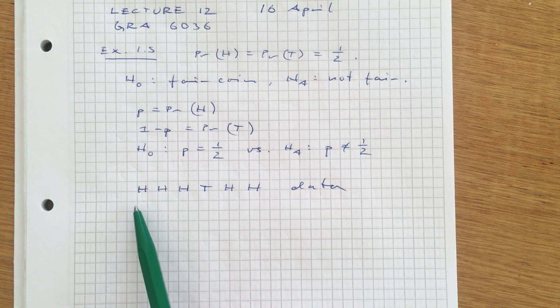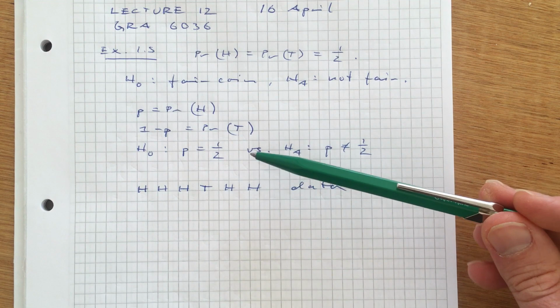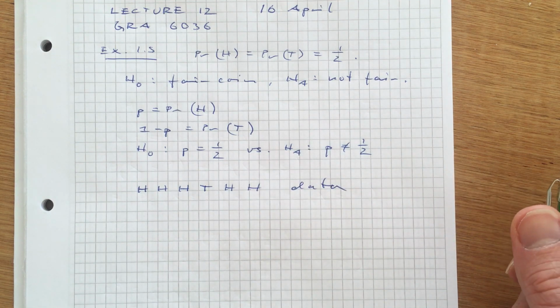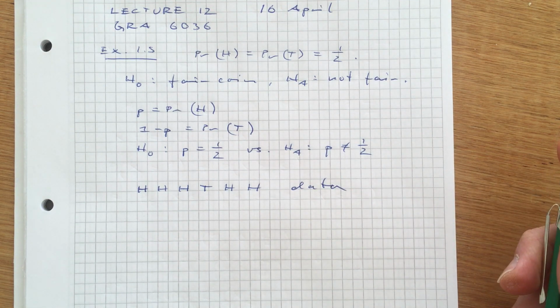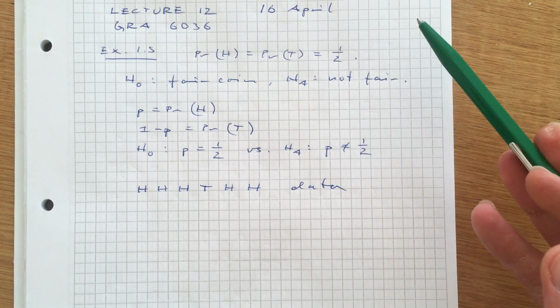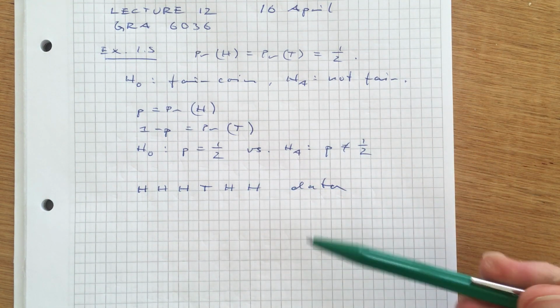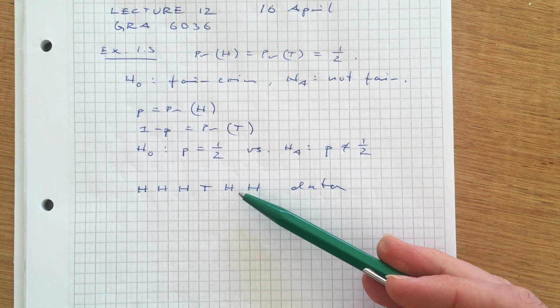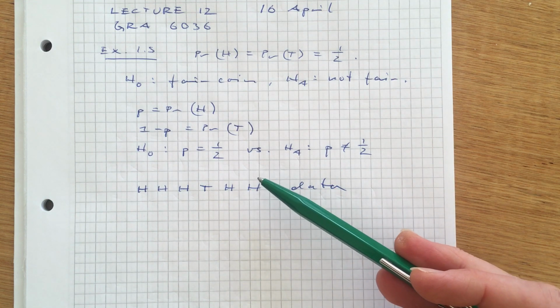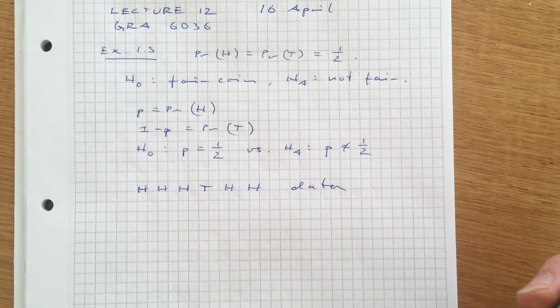Now we want to use these 6 data points to test this hypothesis. The reasoning here is that if we get data that is strange under the assumption that the null hypothesis is true, then we might no longer believe in the null hypothesis.